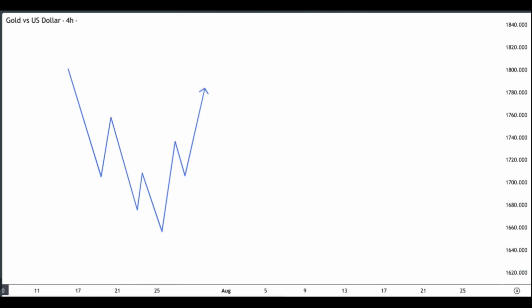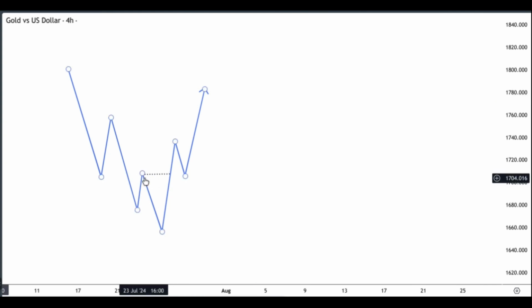And that will act as the market structure shift right there. And this signals that we have come to the end of a downward movement, and we're going to have to look for an upward movement.